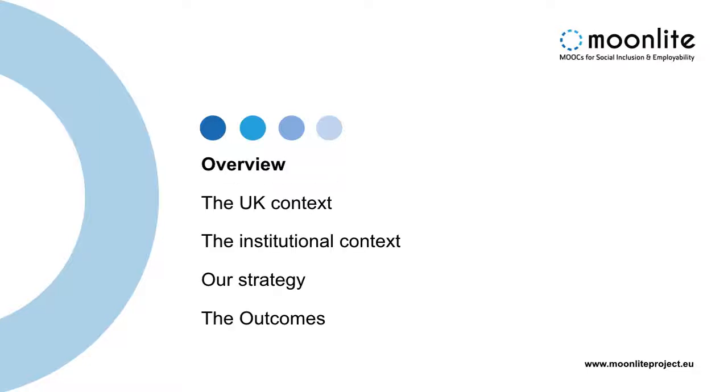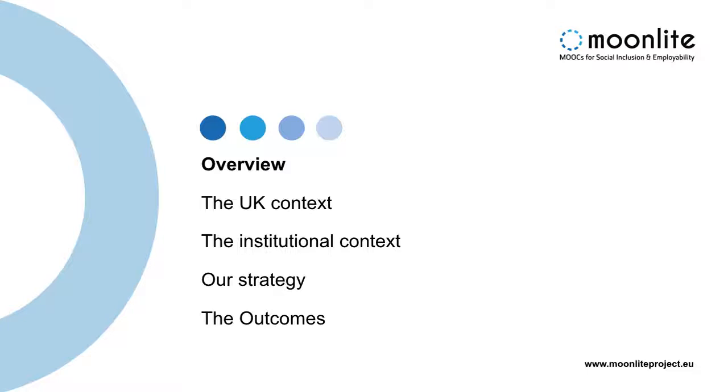Briefly, there are 4 sections and then some questions at the end, and those 4 sections are the UK context, how might various social and economic and political factors in the UK affect the reception and resources and the policy around the arrival of refugees into the UK.